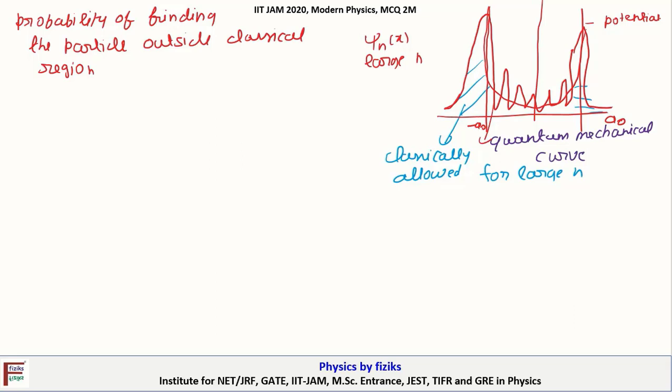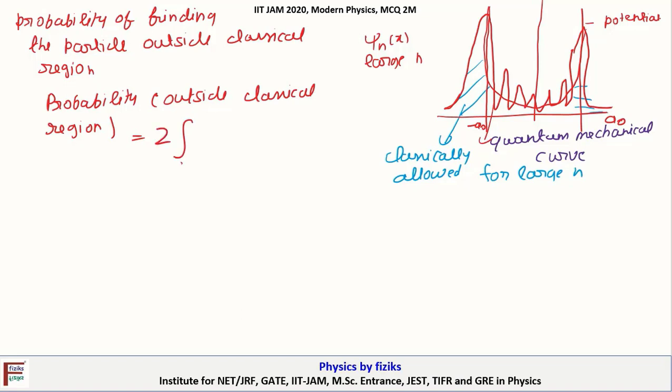Since symmetry is there, I can write the probability outside the classical region as twice the integral from A0 to infinity of mod psi of x square dx.